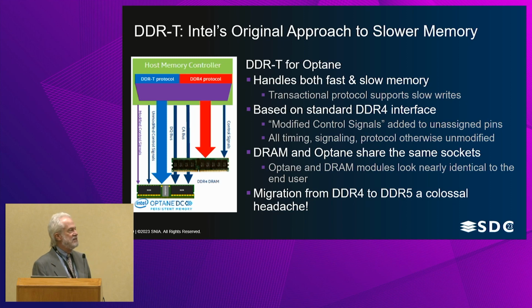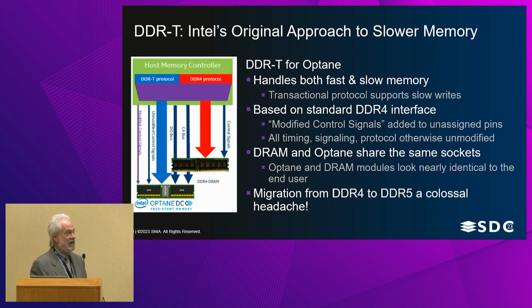We'll call it DDRT, and it will handle both fast and slow memory. It uses a transactional protocol for the slow writes, because Optane writes are about twice the time that it takes for a read. So it will dispatch a write, and then it will get back a response from the Optane module saying that write has been completed.